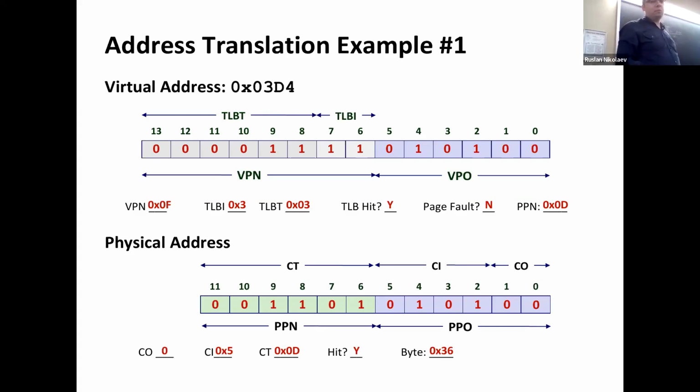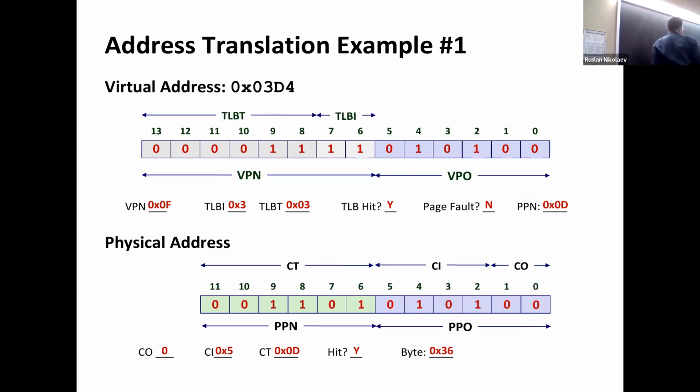So now what do we do with the physical page? Again, the physical address can be split into components. We will have the physical page offset, which is the same. The physical page offset comes directly from the virtual page offset: 0, 1, 0, 1, 0, 0.